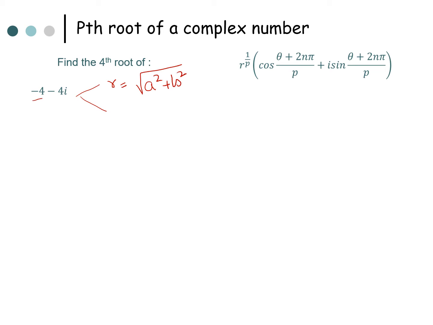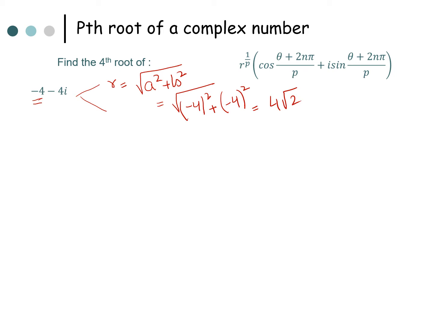Here a is negative 4, so you write negative 4 whole square, plus b is negative 4, so negative 4 whole square. If you are using the calculator, make sure that you put the brackets correctly, otherwise you will never get the correct answer. If you are doing it mentally, then well and good. So here you will get 4 square root of 2.